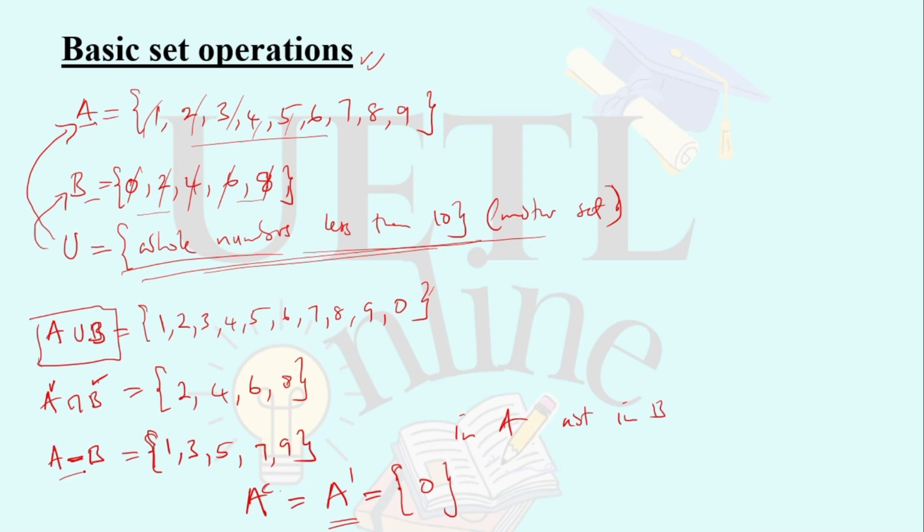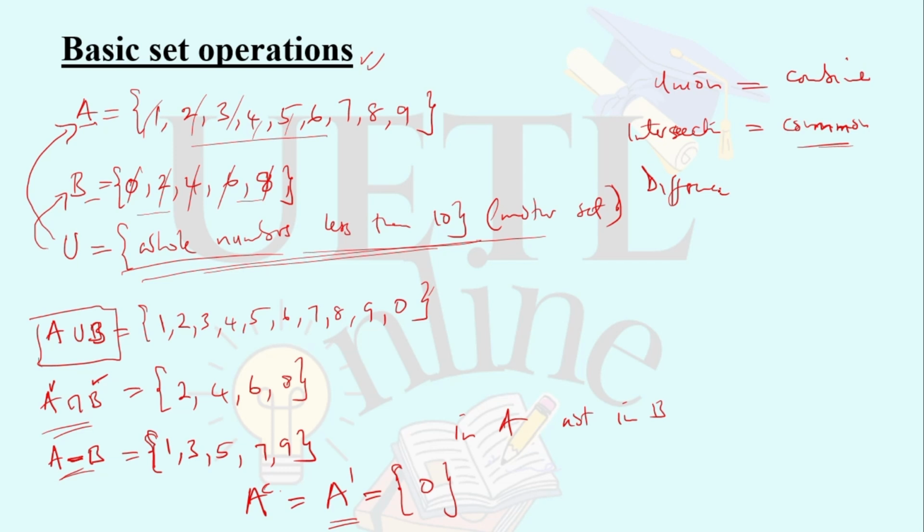These are our only operations. We have union, where we just have to combine. Then you have intersection. Intersection is common elements. You know that the elements are in both, and we can write them. Then here we have difference.